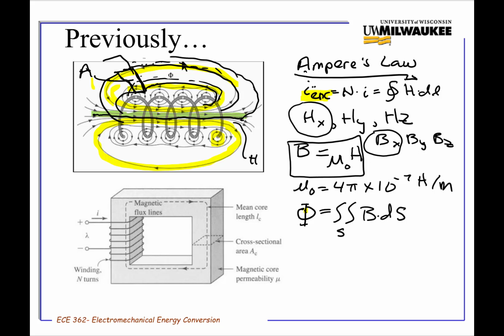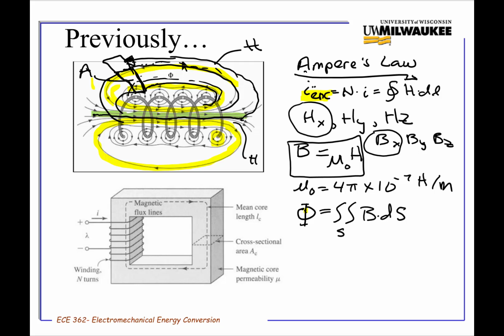Okay, so here we go right here. So there's the H, and that would also be the B if you just multiplied it times mu naught. And if it's hitting the normal surface area here, if you integrate over that surface area, you would get the flux.